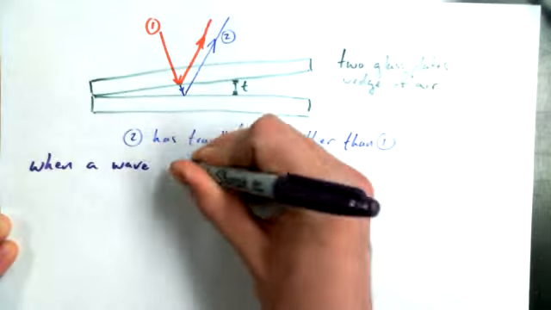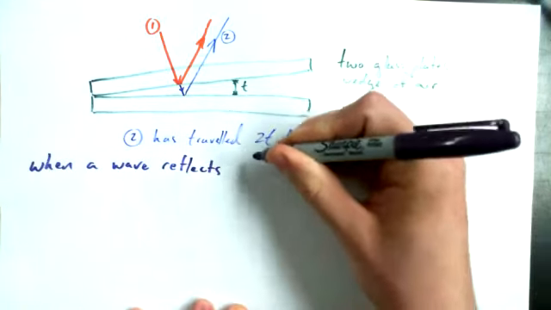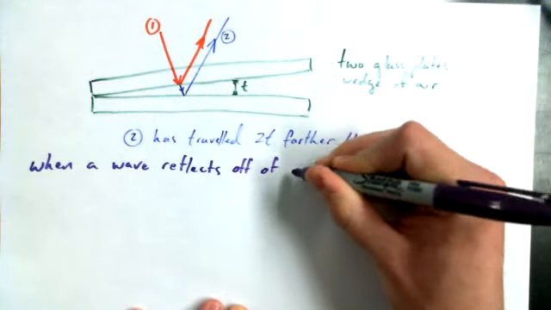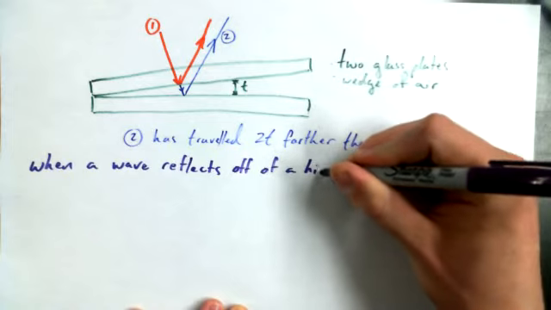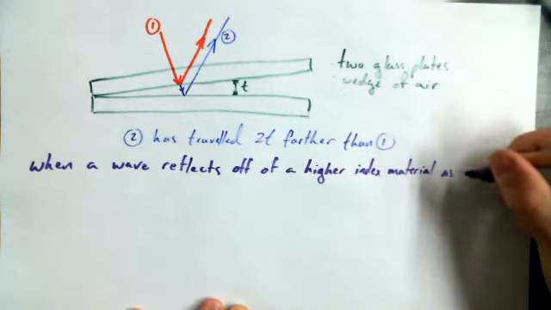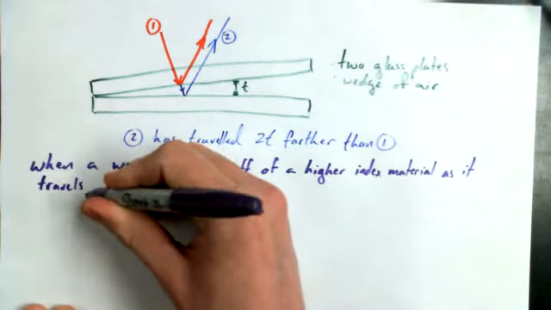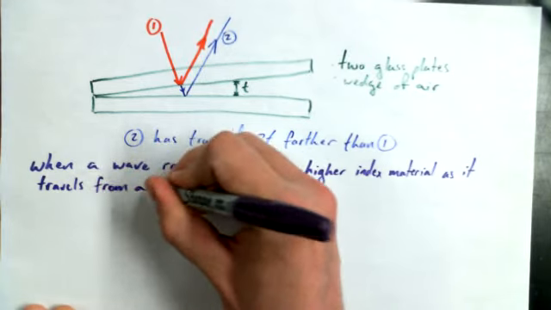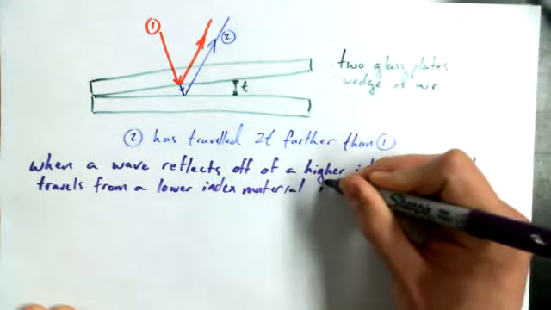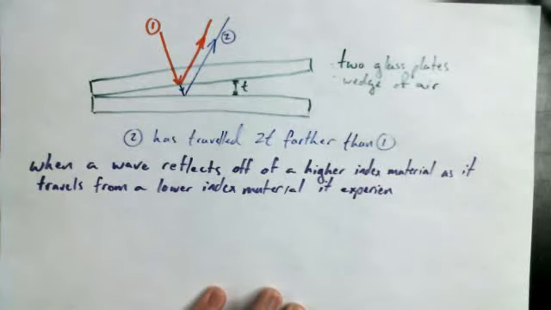When a wave reflects off of a higher index material as it travels from a lower index material, now, instead of talking about it in terms of inversions, I want to talk about it in terms of phase shifting.